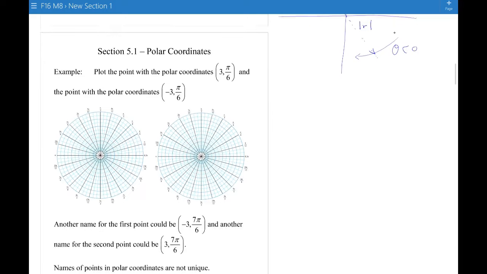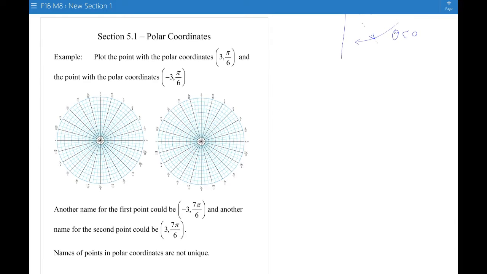So let's look at some examples. We plot the point with polar coordinates (3, π/6). The rings around the pole are each considered a distance of 1 away from the one before it.